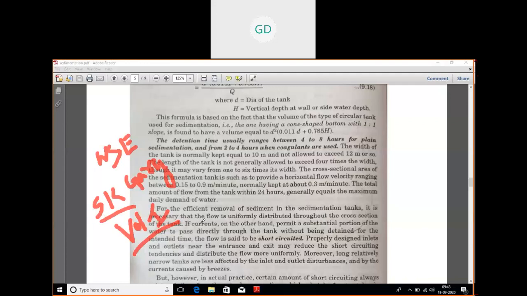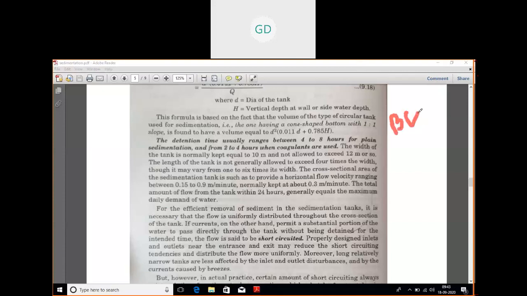You can buy both the books, and these books are quite effective for your later exams and competitive exams. Another book is also there by BC Punmia. You can buy that one also. SK Garg and BC Punmia.